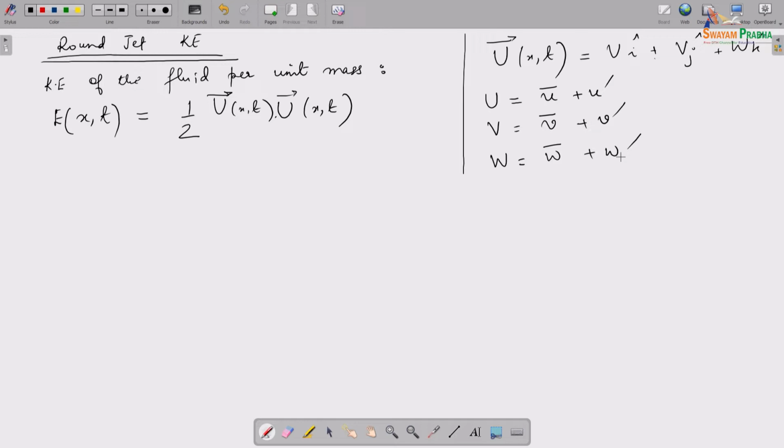And kinetic energy per unit mass is essentially this. Now let us take a mean of K, which is essentially this.